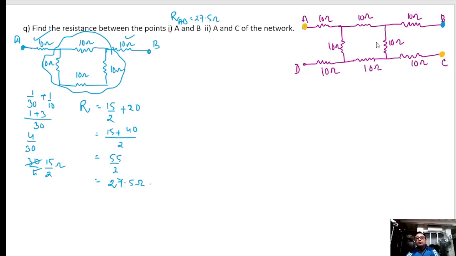That means when the current will start flowing from here, some part will go here, some part will go here. That means this part will be obsolete and this part will be obsolete now. Clear?